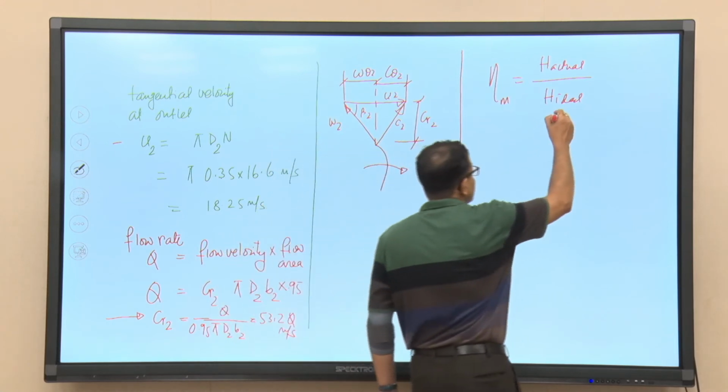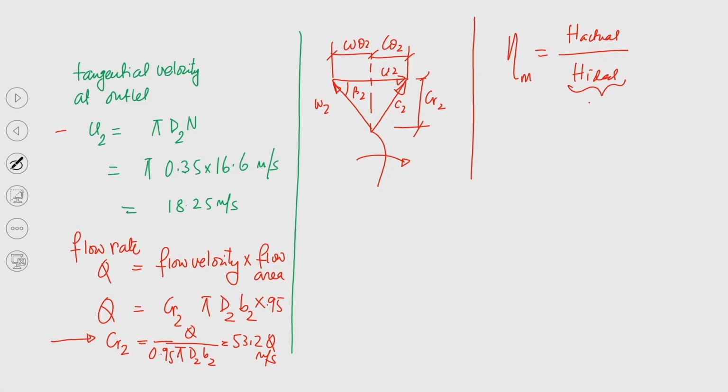Question is, if we try to calculate the ideal head, we need to recall the Euler equation, and that is nothing but U2 C theta 2 minus U1 C theta 1 by g. Note that in this particular problem we have already discussed that flow is perfectly radial at the inlet.